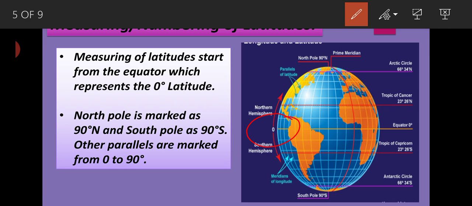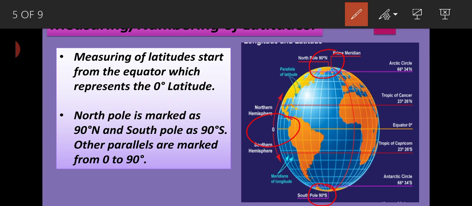North Pole is marked as 90 degree north and South Pole is marked as 90 degrees south. Other than these, the parallels which run above as well as below the equator are marked accordingly from 0 to 90 degree. How? From 0, each line measures 1 degree.